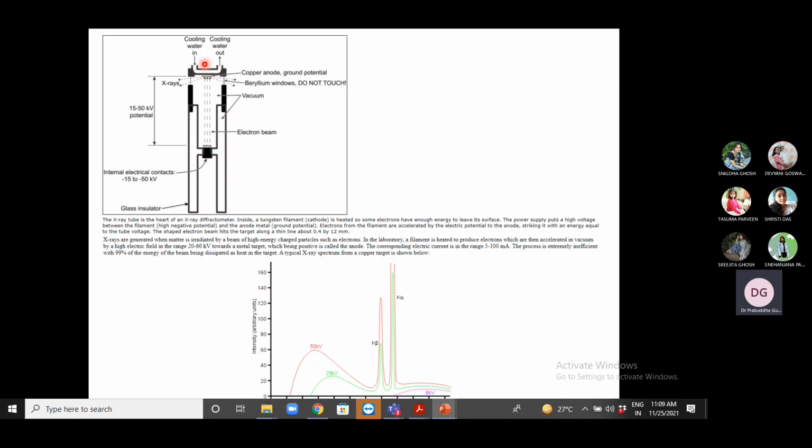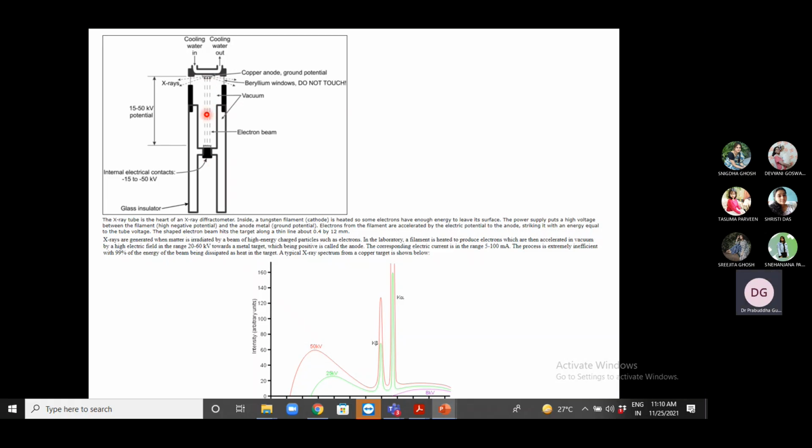I remember anode as a place where anion goes, or negatively charged ion goes, which is highly positively charged. Inside there is vacuum, and what you do, you heat up this cathode like anything. When you heat it up, electrons get dislodged from this cathode, and start running towards the anode. Why does it run? Because anode is highly positively charged.